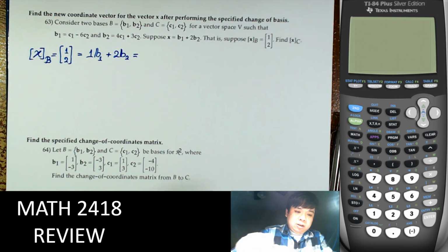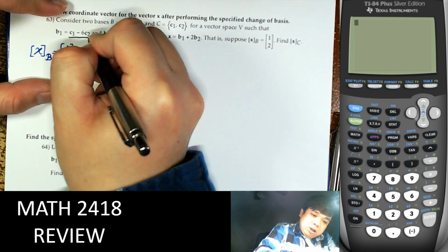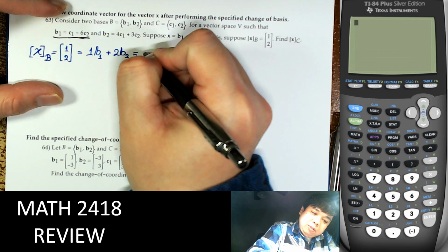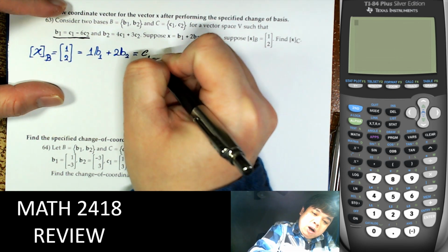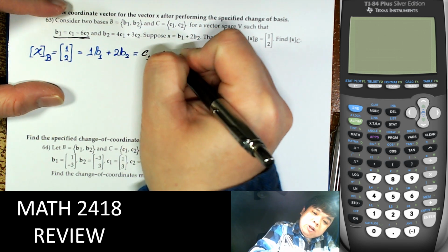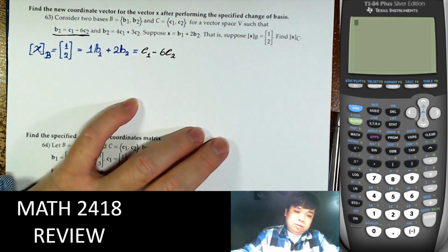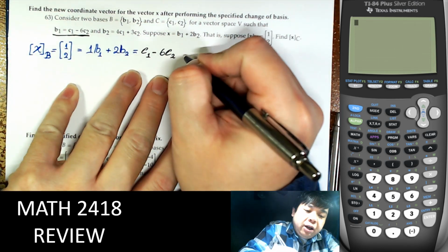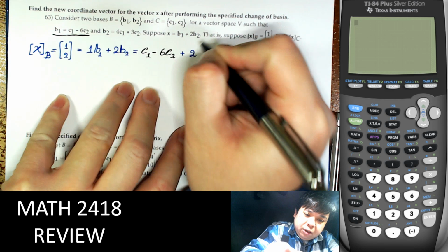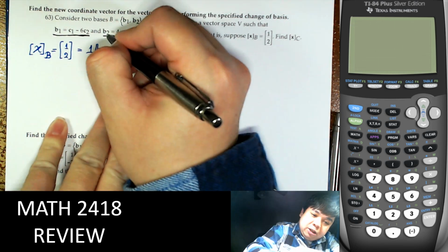B1, I'm going to use this, C1 minus 6C2. And then plus 2B2 is this.